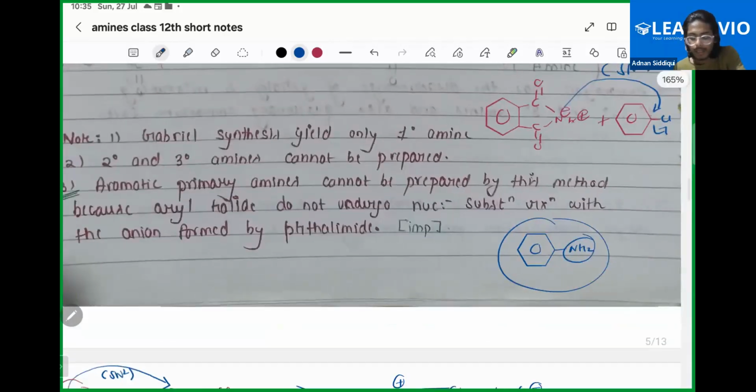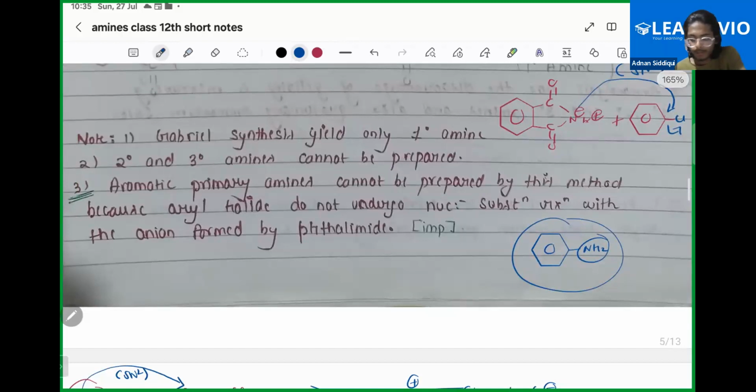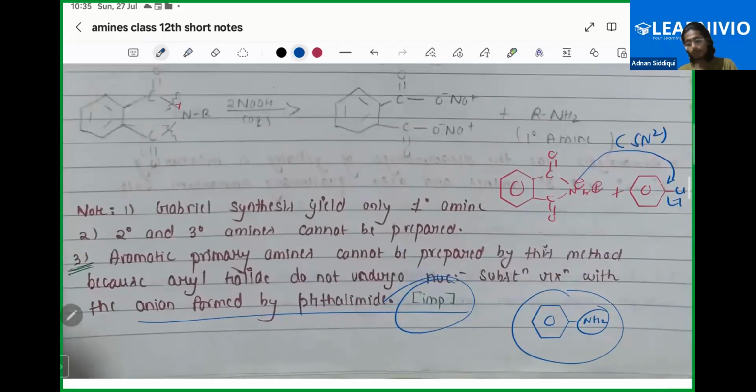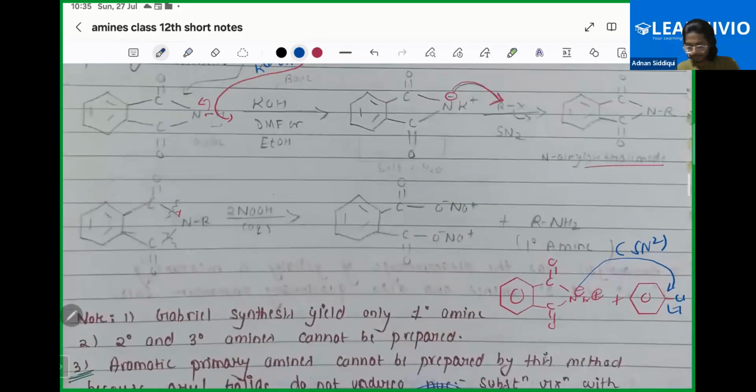From Gabriel phthalimide synthesis, we are only able to make aliphatic primary amines, not aromatic. So this reaction is very, very specific. You are only going to get a 1 degree amine, and that too aliphatic, not aromatic. Is it clear? They might ask you this question in your exam, so you should be able to answer it. Sir.